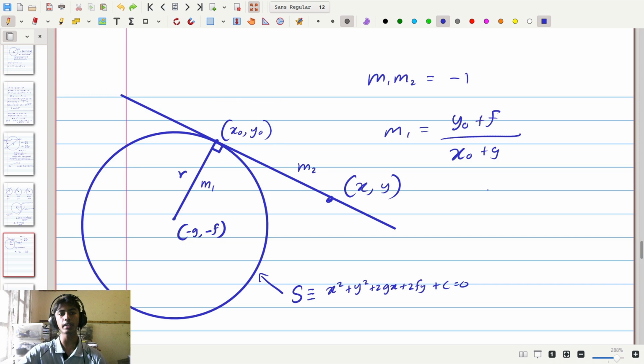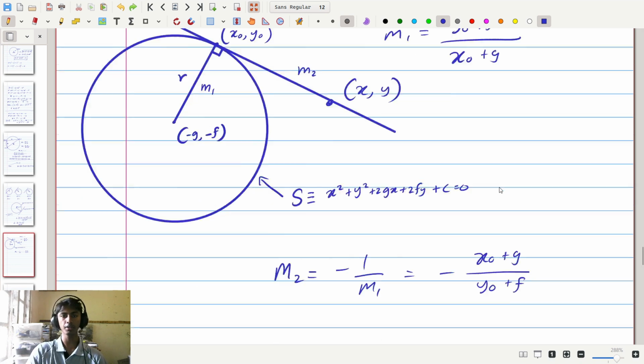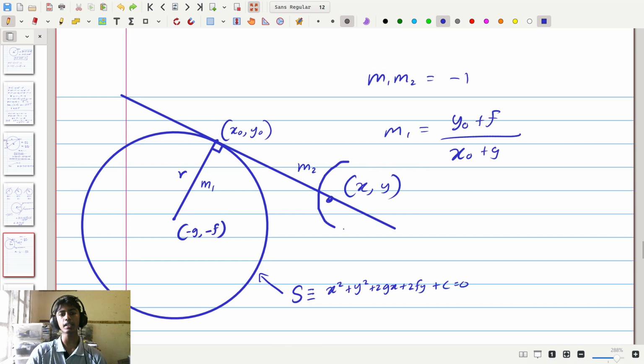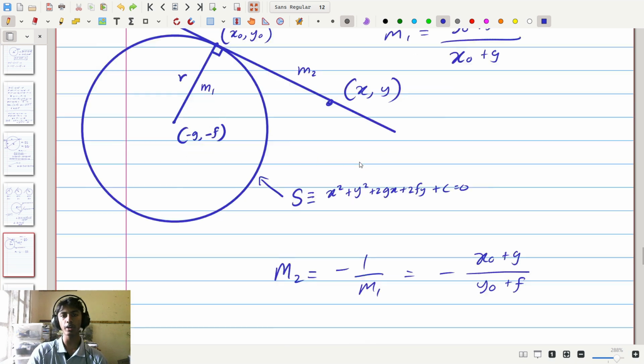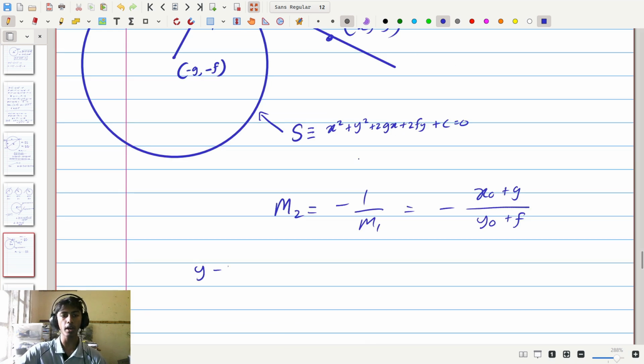How we're going to do that is to consider the gradient given this arbitrary point on the line and the known point (x0, y0), and equate that to m2. Doing so, the gradient given these two points (x, y) and (x0, y0) is going to be (y minus y0) divided by (x minus x0). And we know that this has to be equal to m2.